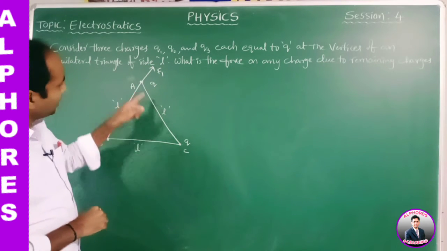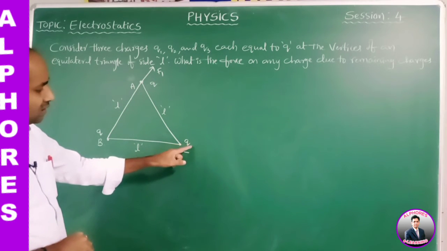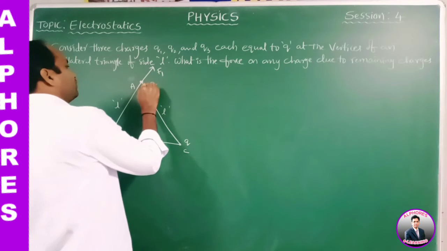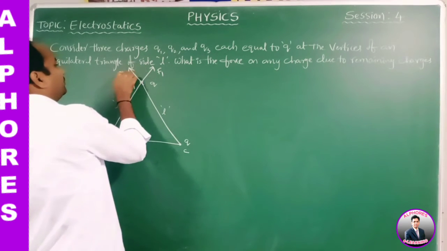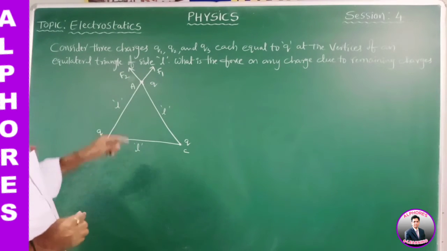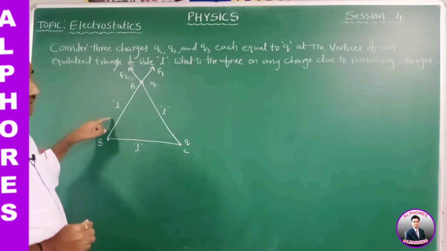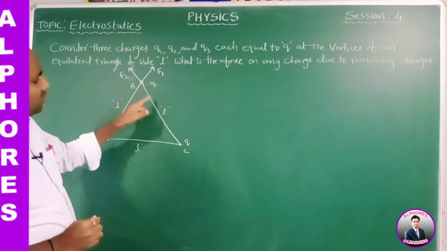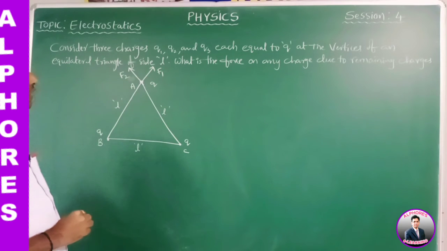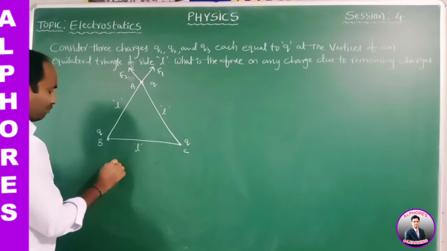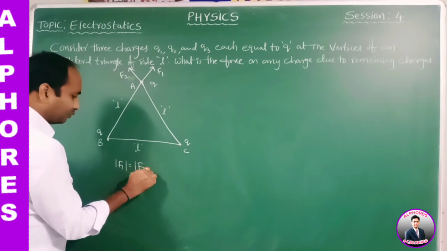Now what is the force acting on the charge Q by the other charge Q kept at the point C? It is F2. This is also repelled, along the direction of F2. Here 2 charges Q and Q are separated by the distance L, and here also 2 charges Q and Q are separated by the distance L. So the magnitudes of F1 and F2 are equal: the magnitude of F1 equals the magnitude of F2.